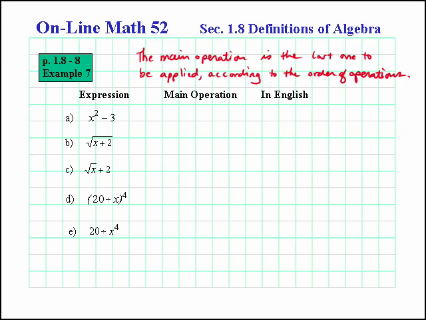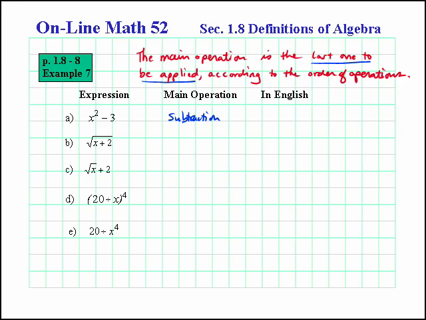Yeah, let's go ahead and do number 1. What is the main operation? That's right, subtraction. I'll write that down here, subtraction. Okay. And the main operation next for letter B? The square root? Remember, it's the last one done, the last one to be applied.